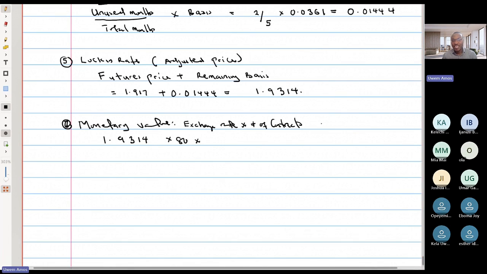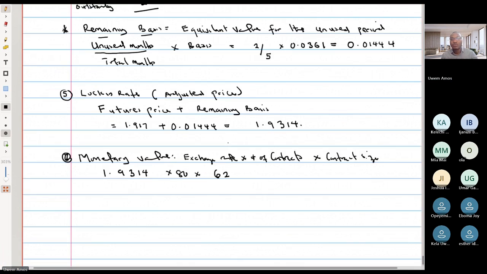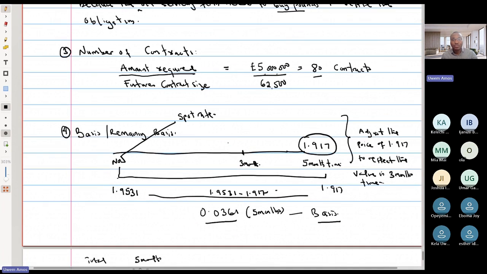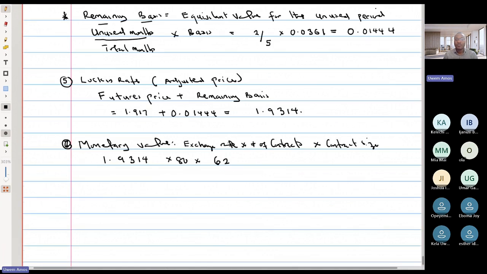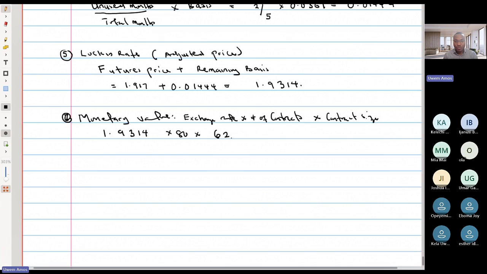What is the contract size for each of those contracts? The contract size is 62,500. Okay, so what's our total monetary value then?